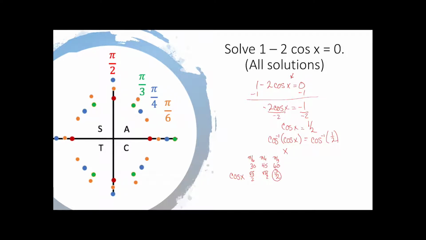So this is the number we're looking for. That means that we're looking for pi over 3 or 60 degrees. So x is going to be pi over 3. It's easier to write these in radians.